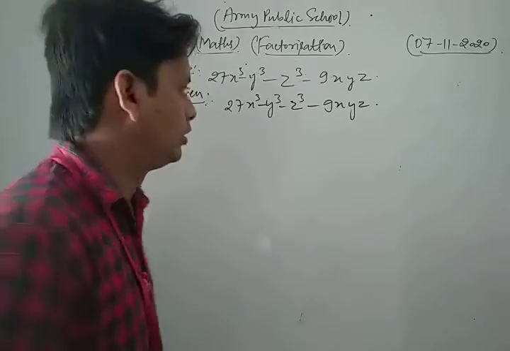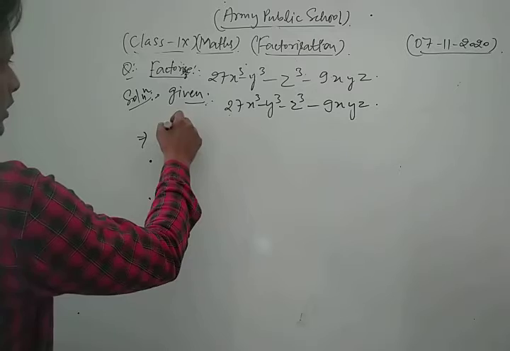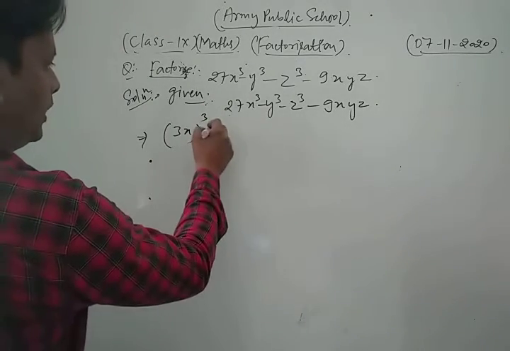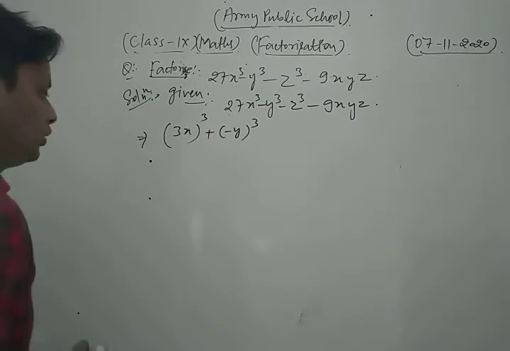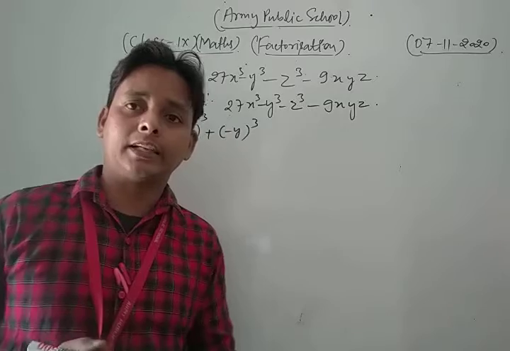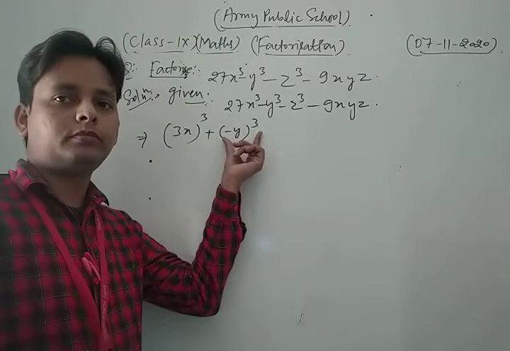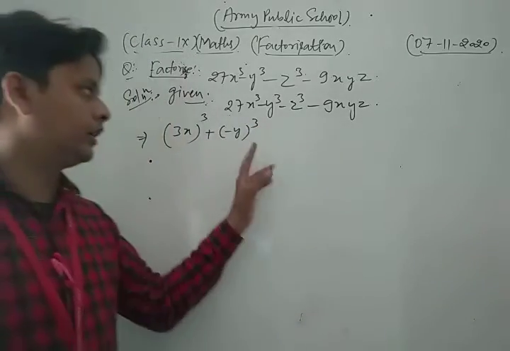Now what do I do? Look, now we can write 27x cube as 3x whole cube. Now we can write minus y cube in this way: plus minus y whole cube. Dear student, if we split minus y whole cube, the power is odd, so the result is always minus.